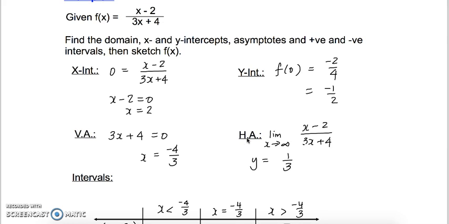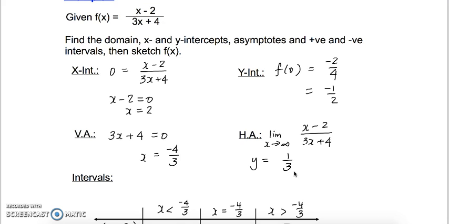Remember, we said the shortcut is really y equals the coefficient of x in the numerator over the coefficient of x in the denominator. So it turns out that y equals 1 over 3 will be the horizontal asymptote for this particular function.